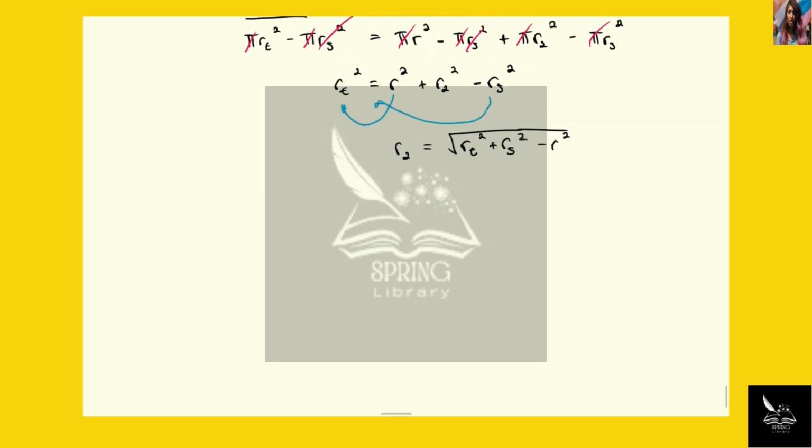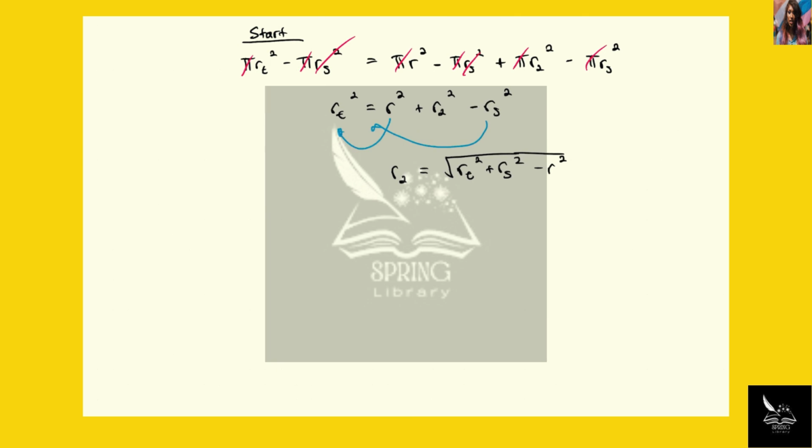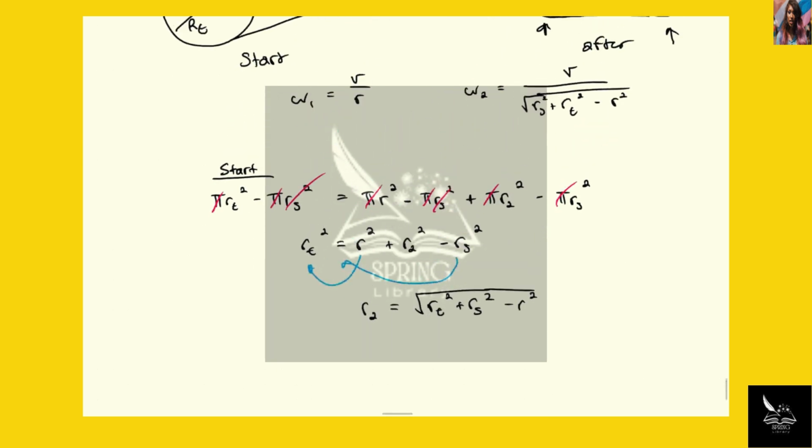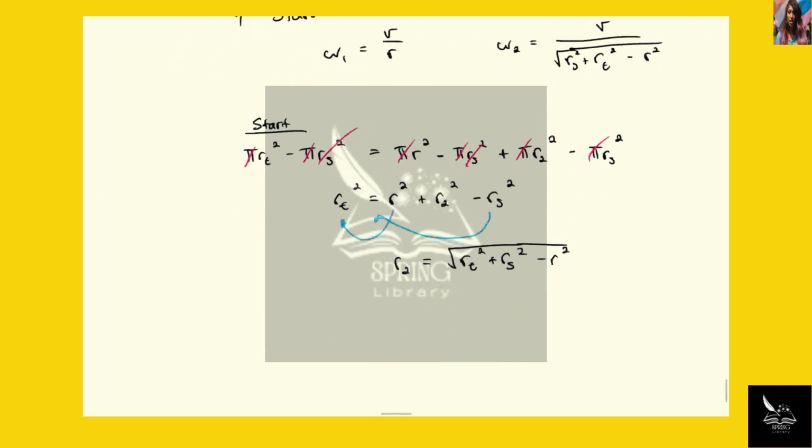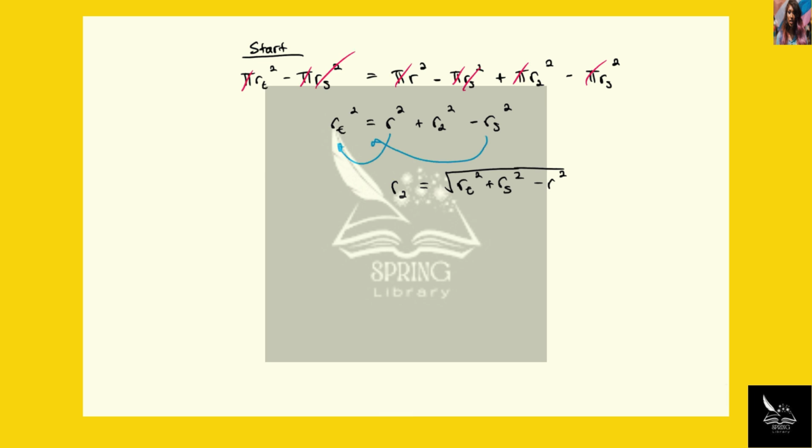So, plugging it back in, when the tape is originally coming off this specific spool, it will be coming off at some angular speed v over r.